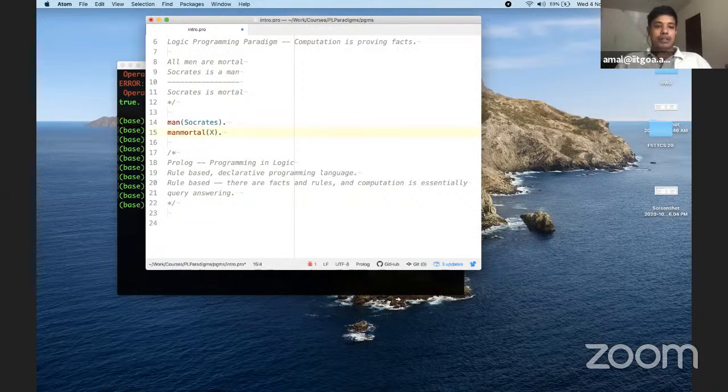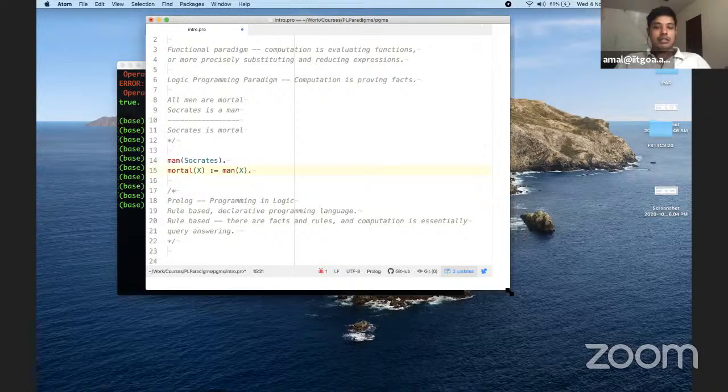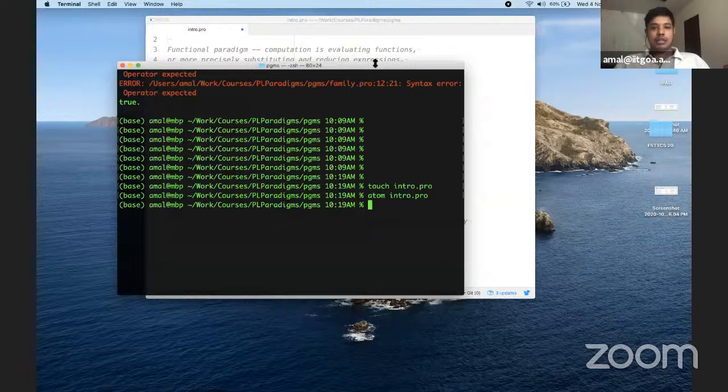Instead of saying man of X implies mortal of X, it will say I can prove mortal of X if I can prove man of X. In other words, mortal of X is true if I could prove man of X. There is already color because I have installed the Prolog syntax formatting in Atom, the editor I'm using. And so I have given these two.